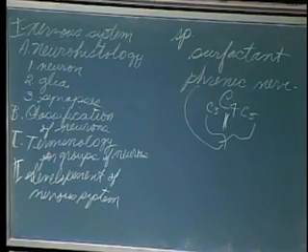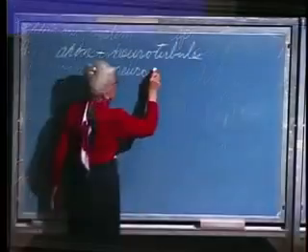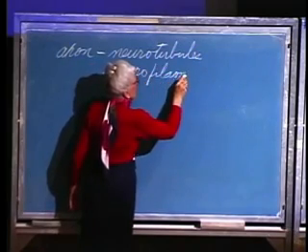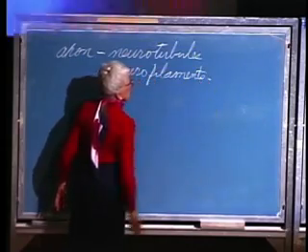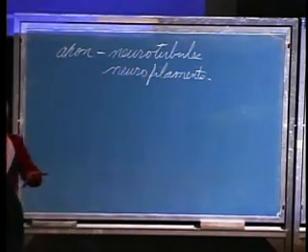Let's continue with our nervous system, our neurohistology, and we're on the axon. Two structures that are within the axon, neurotubules and neurofilaments, are important because they give structure to the axon.